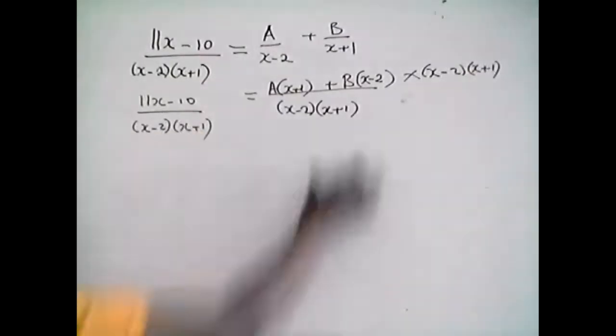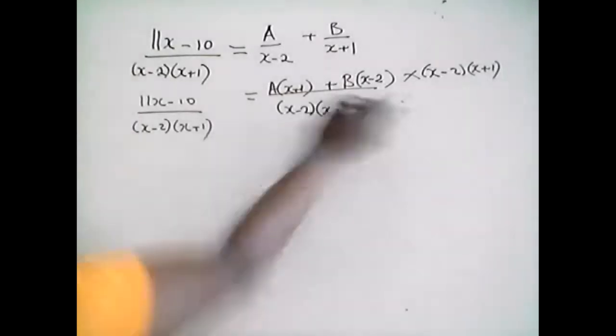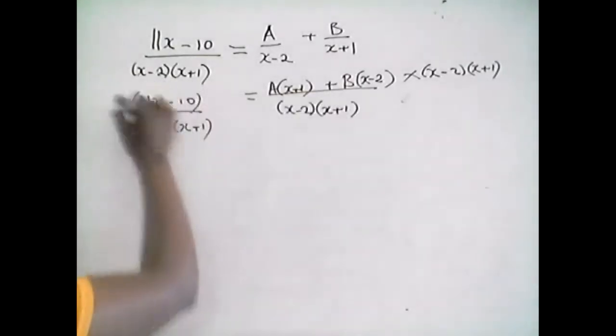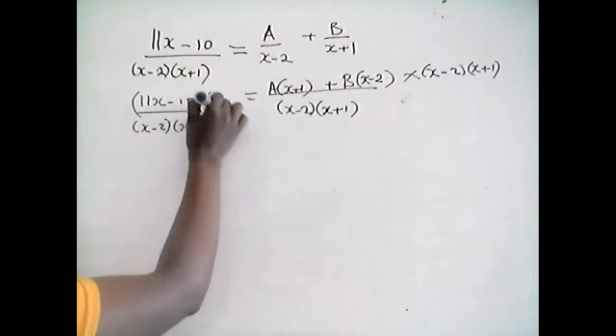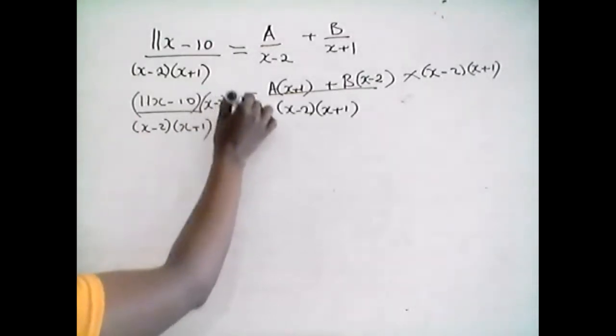What we do this side, we also do to this other side. So it's a, x minus 2, x plus 1.